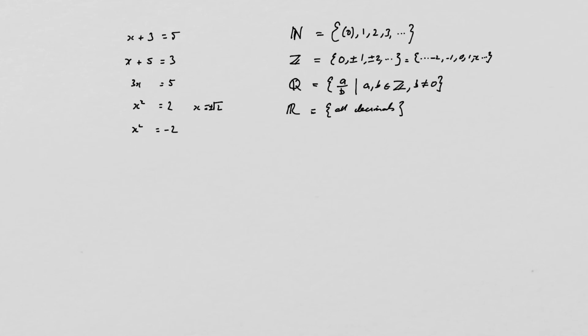So that's a sort of hint at the real numbers, but you may not have come across the fact that this equation does actually have solutions. And these would be written as x equals plus or minus root 2 times i. And i is defined as the square root of minus 1.